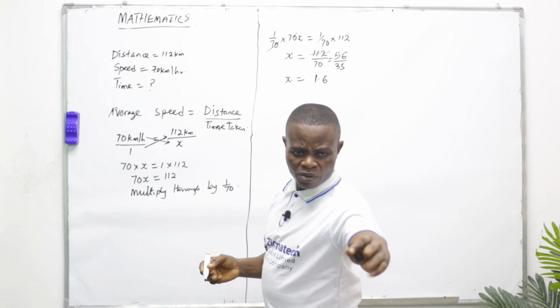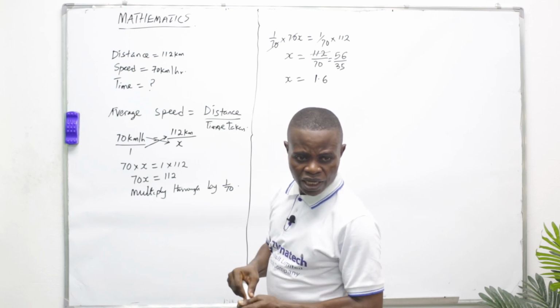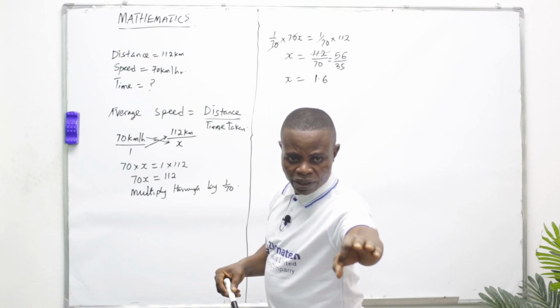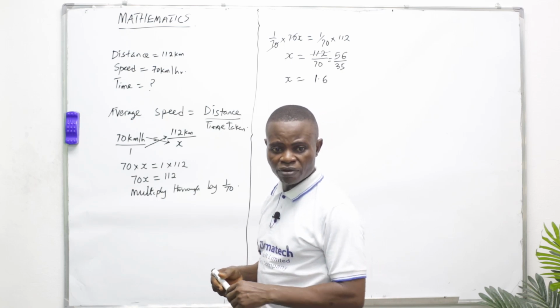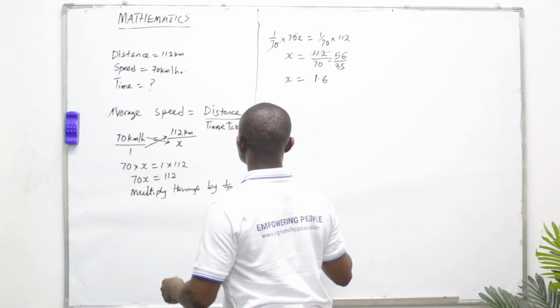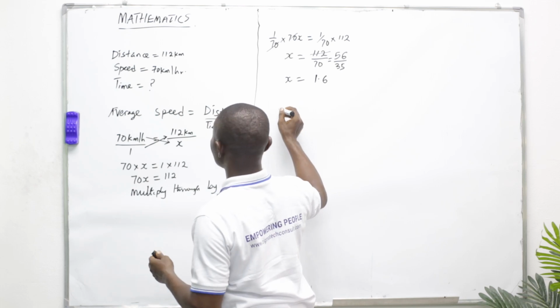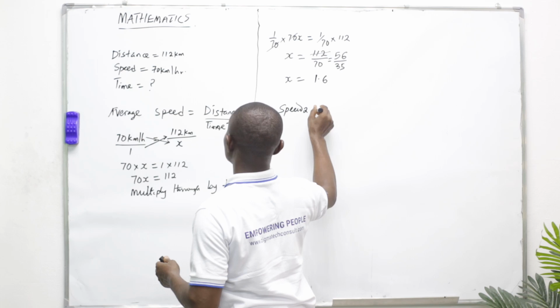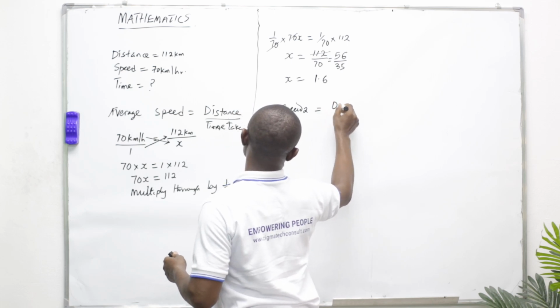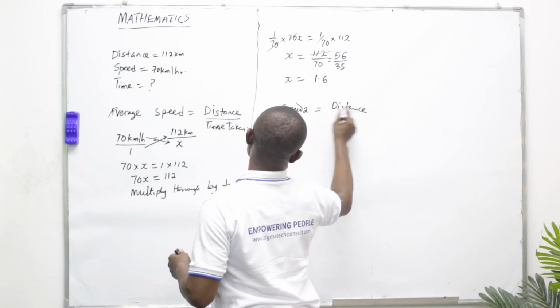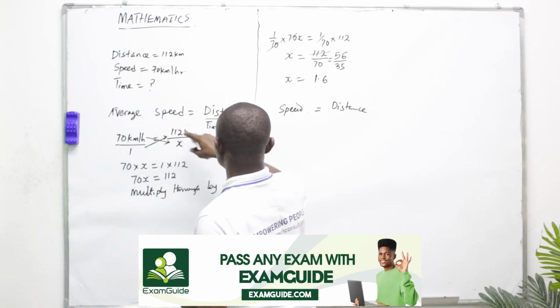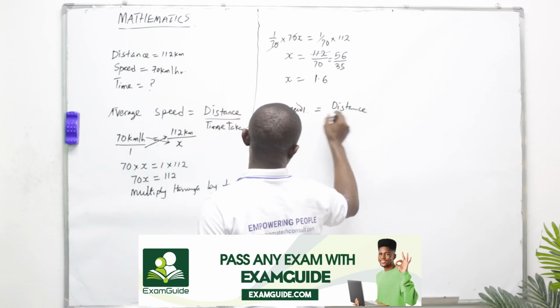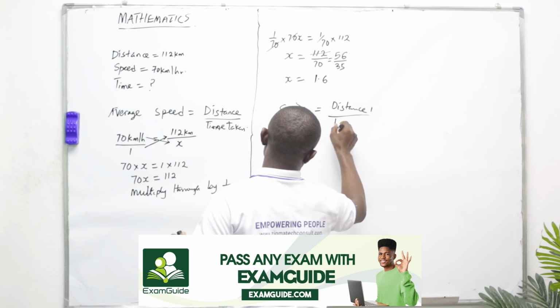For the second information here, it then travels a further 60 km at an average speed of 50 km per hour. I can call that speed 2 equals distance 2. Or since we use just ordinary speed, ordinary distance, speed over distance over time.